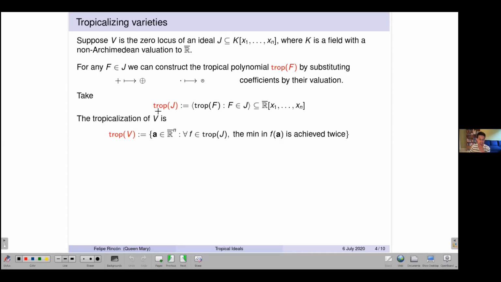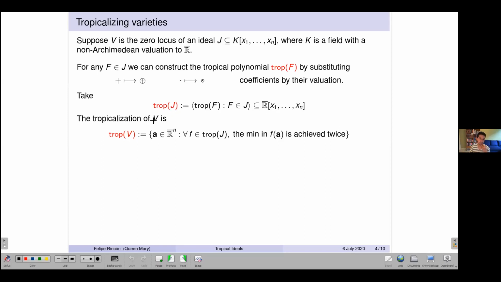Let's define that as the tropicalization of J. You take all the tropicalizations of all the polynomials in your ideal J, and now this is a collection of a lot of tropical polynomials, and you take the ideal that they generate in this polynomial semiring. So you close this collection of polynomials under addition and under multiplication by external polynomials. In that way, you get an ideal in the tropical semiring. That's going to be the tropicalization of your ideal.